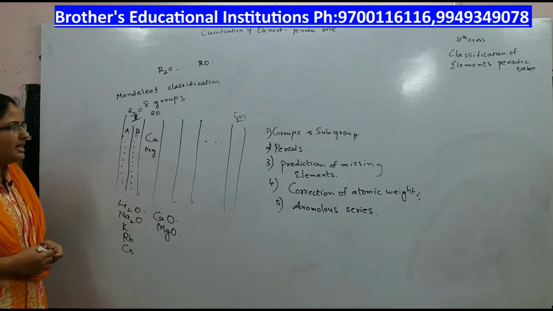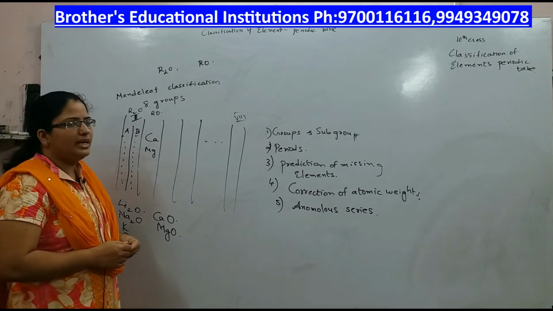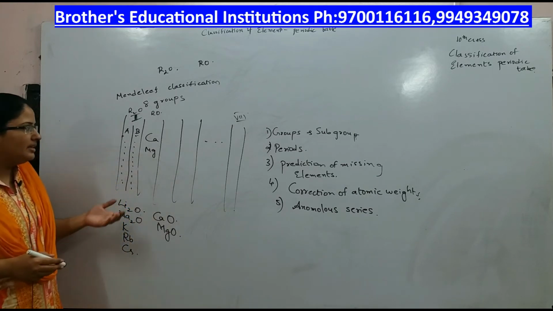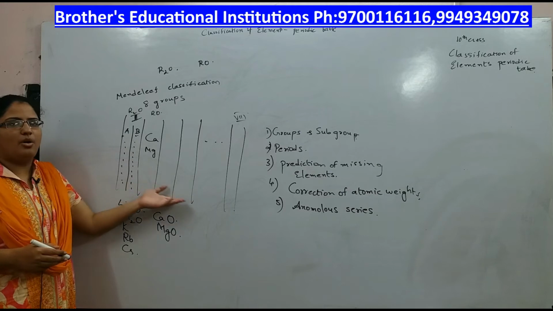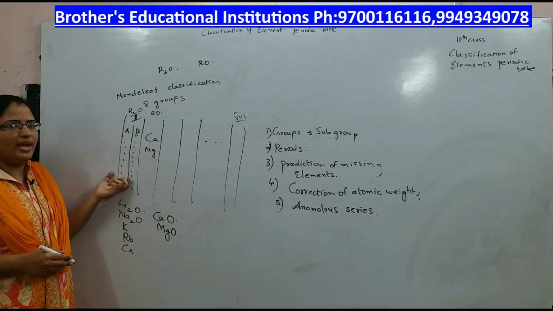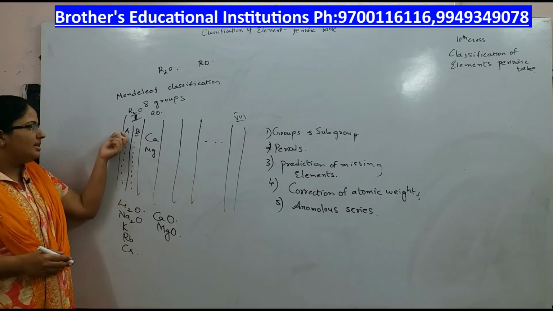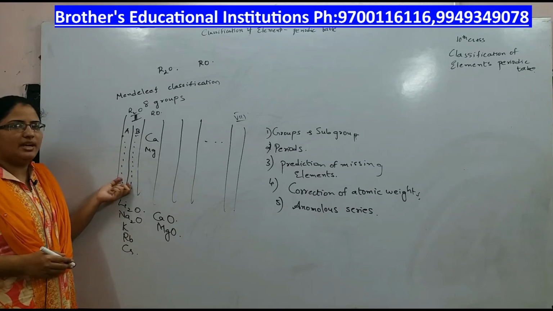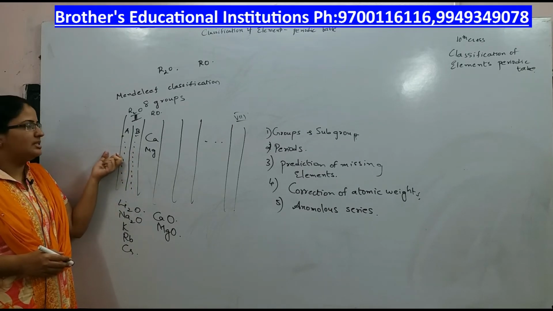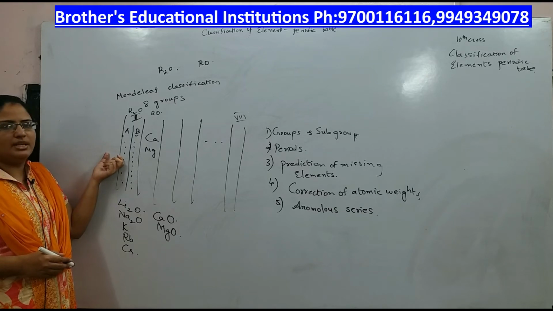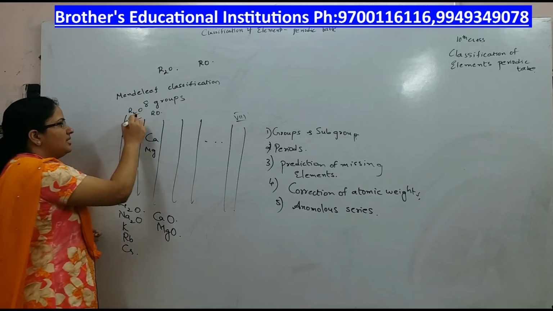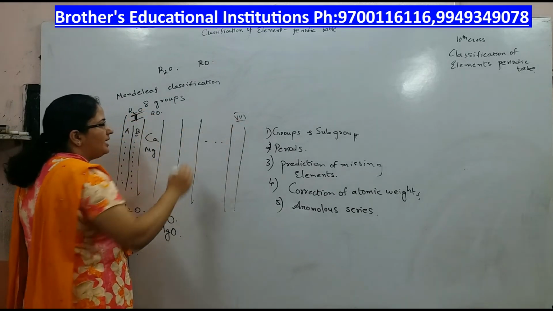Now, let us discuss some salient features of Mendeleev's table. He arranged the elements in 8 columns called groups, and each column is subdivided into A and B subgroups. The elements in subgroup A match more with each other compared to the elements of subgroup B, but both of them have common properties. The groups are denoted with the Roman numerals 1 to 8.